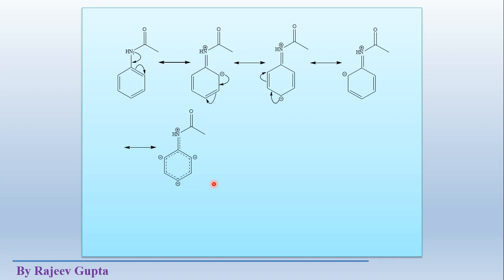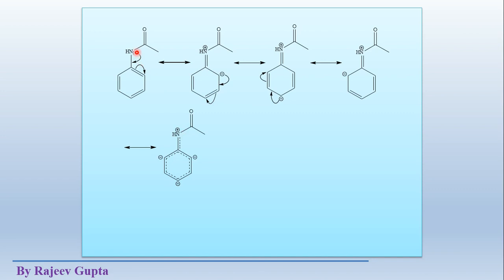Now this is again an example of a lone pair containing substituent which shows the plus R effect. This plus R effect is also called the plus M effect, the mesomeric effect.